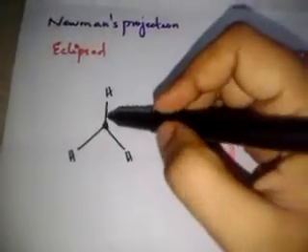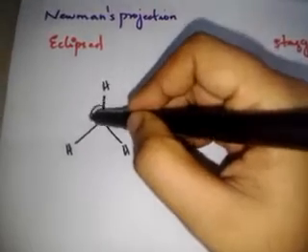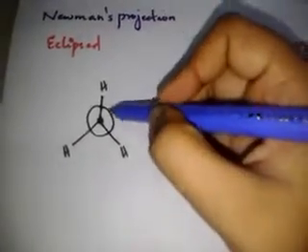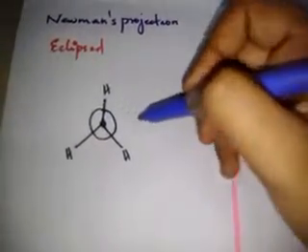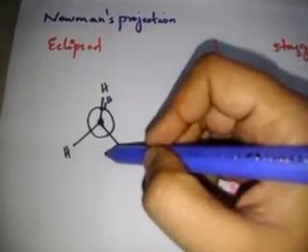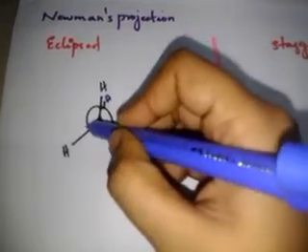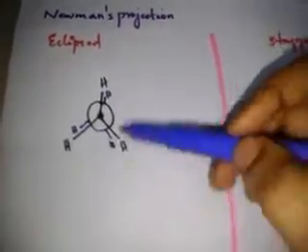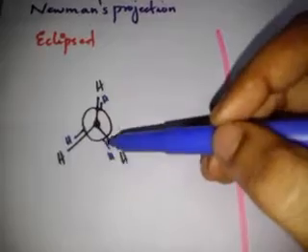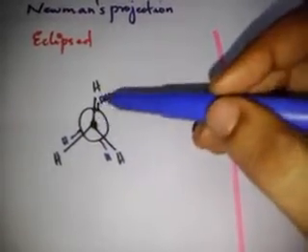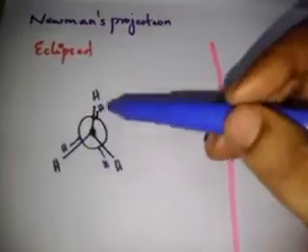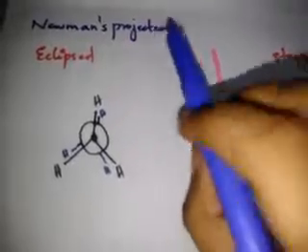Now the second carbon, or the rear carbon, is represented by a circle, and the hydrogen atoms attached to the rear carbon are drawn here. We have already learned that in eclipsed conformation the hydrogen atoms are closer, so we draw the hydrogen atoms attached to the rear carbon like this. This is the structure of eclipsed conformation in Newman's projection.